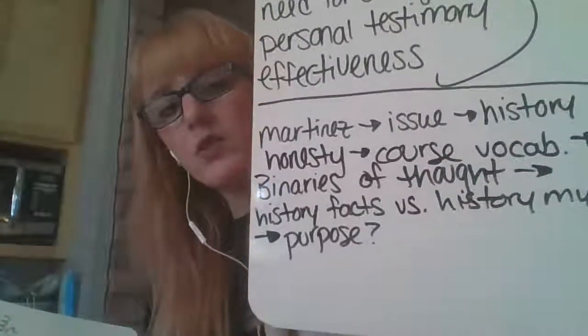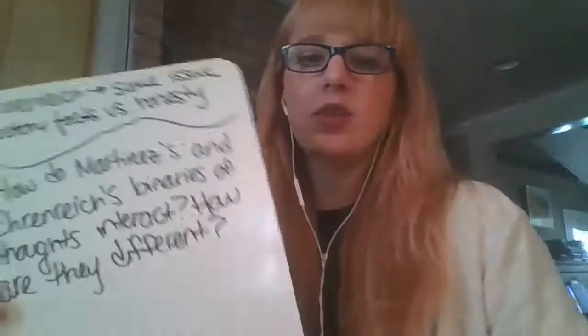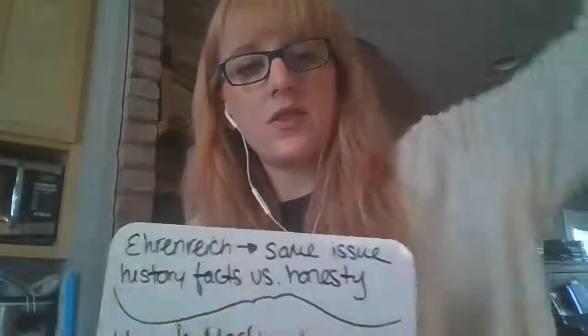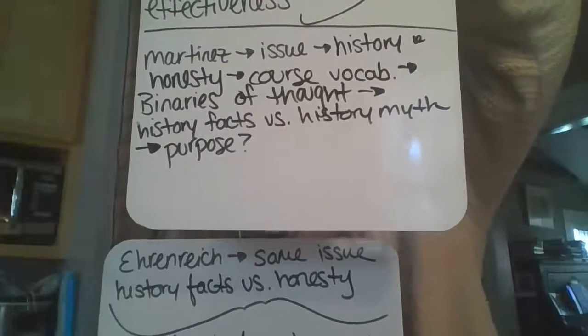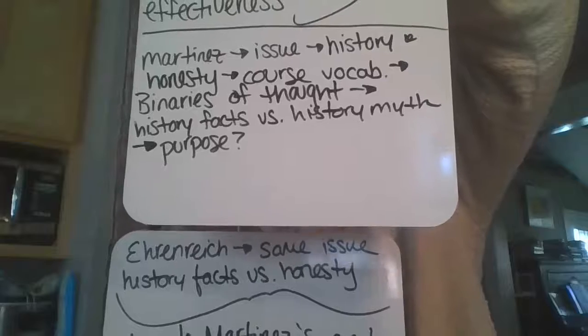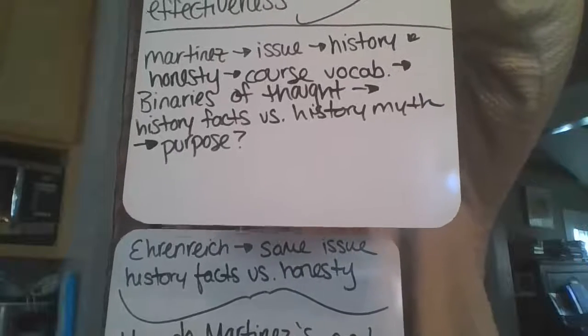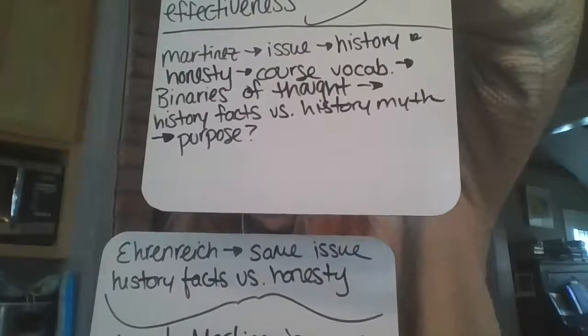All right, so to compare and contrast, you have this from your chart. And then for Ehrenreich, how does the Martinez thought process reflect in the Ehrenreich essay? So how do we bring these two pieces together into conversation?